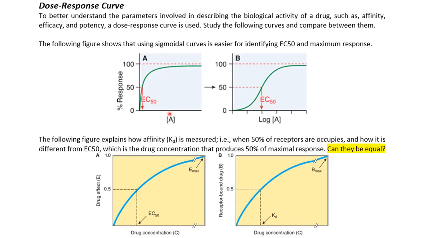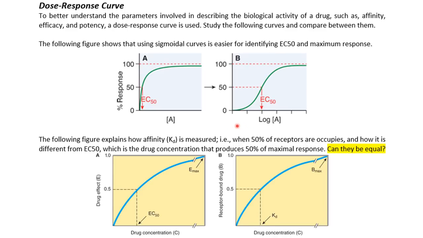So when the drug concentration increases, then the receptors occupied will increase, and when all the receptors are occupied, unless you have spare receptors, which is another story that you will learn about later in pharmacology, then you will reach the maximum response.